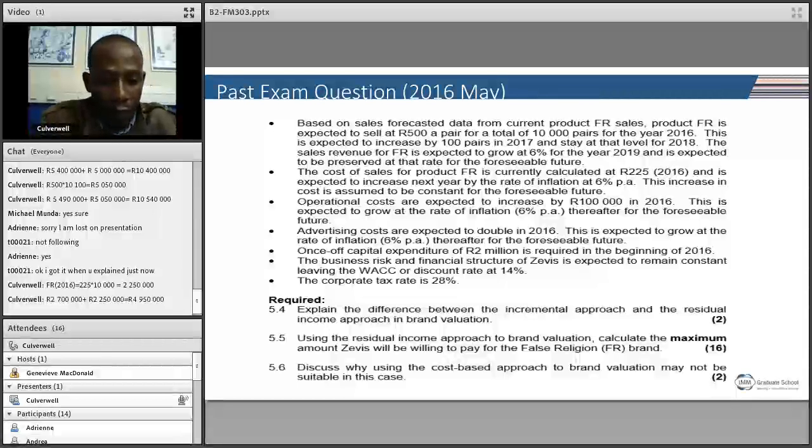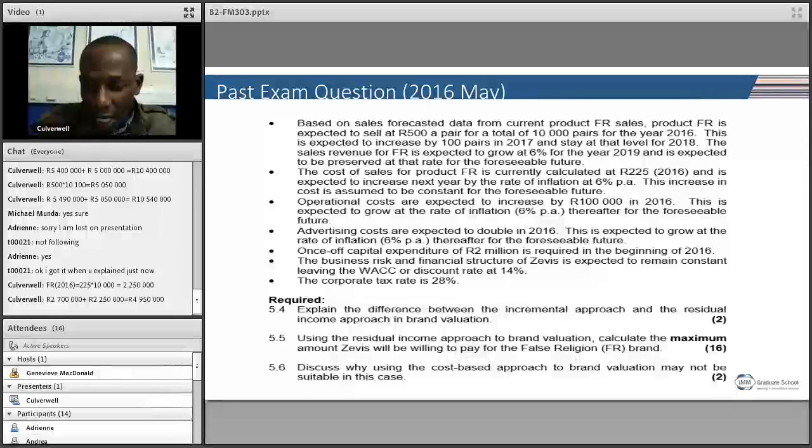That is going to give you 4,950,000. So that becomes your cost of sales for year 2016, 4,950,000. I want to move to year 2017 and you then do exactly the same thing for 2018.